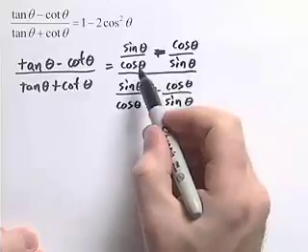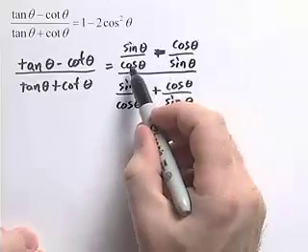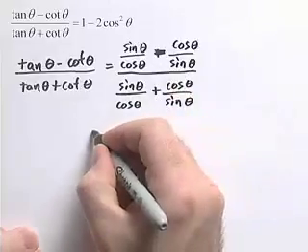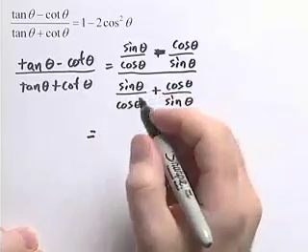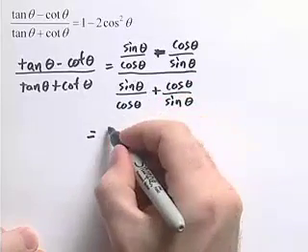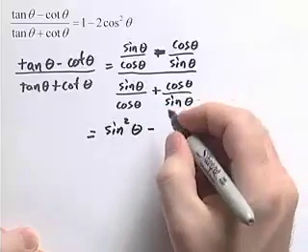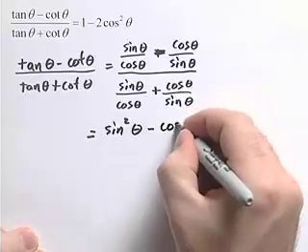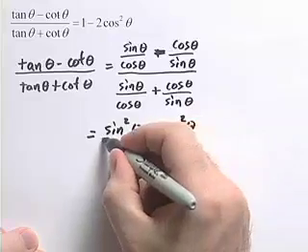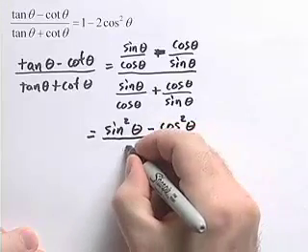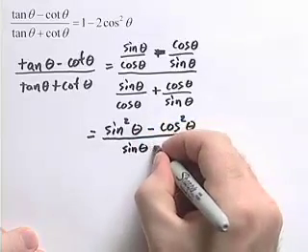Our common denominator is going to be the product of the denominators, cosine and sine. If we go ahead and do that, we'll end up with sine squared theta minus cosine squared theta divided by sine theta cosine theta.